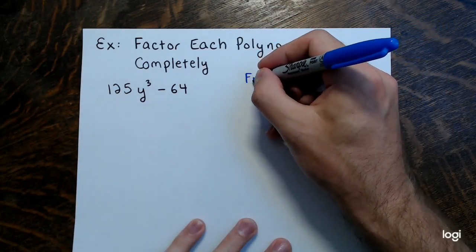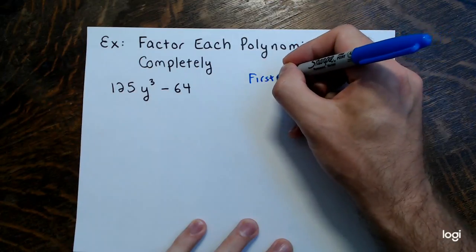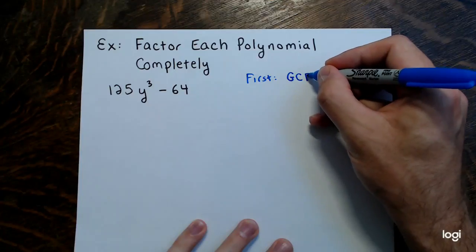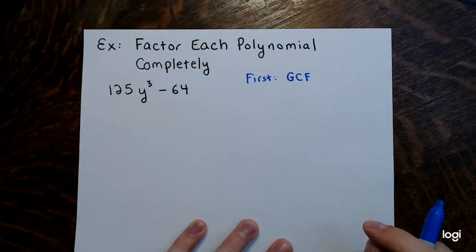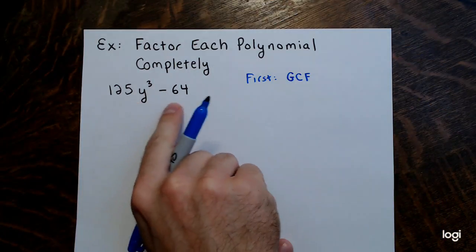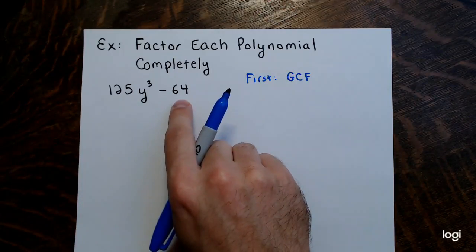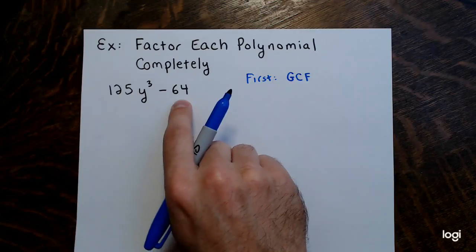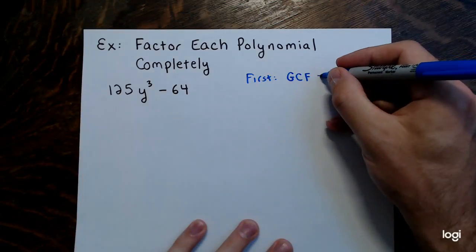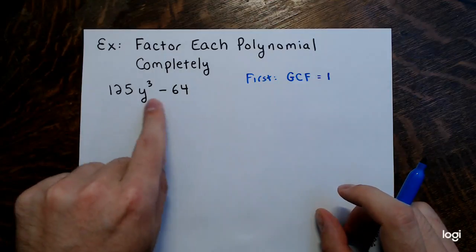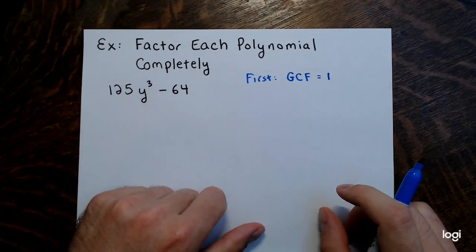Now, the first thing you should look for is the greatest common factor of all the terms. My polynomial here has two terms, 125y cubed and negative 64. These have a greatest common factor of 1. Nothing else goes into both of these evenly.